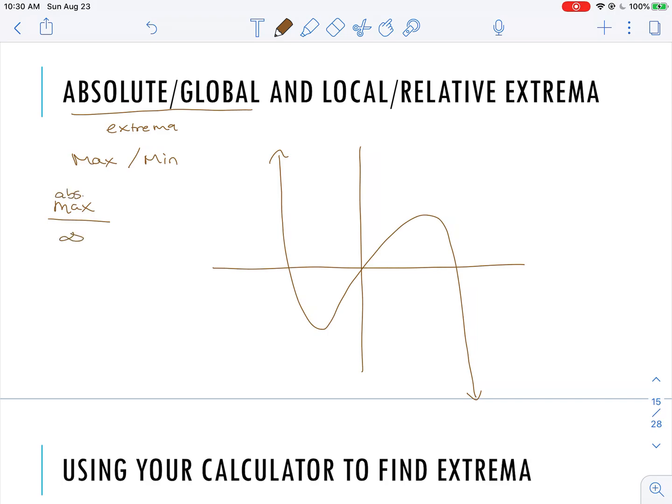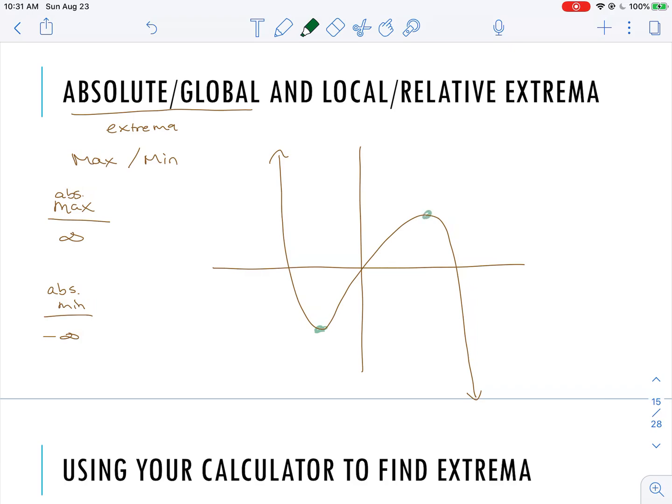So it doesn't have an absolute max value because infinity is not a real number. The lowest value that this graph would take on, and again, its tail goes all the way down, would be negative infinity. So it doesn't have an absolute minimum because negative infinity is not a real number.